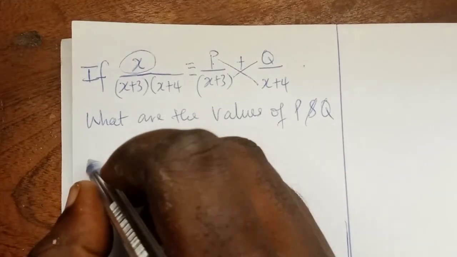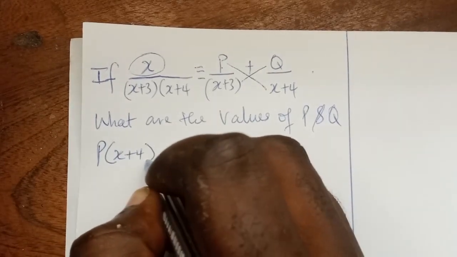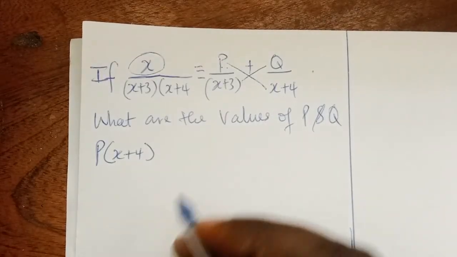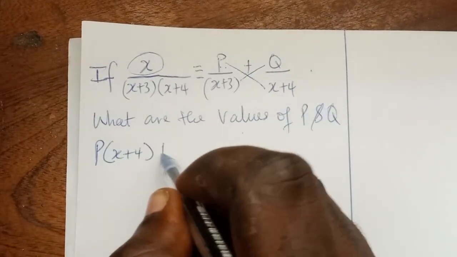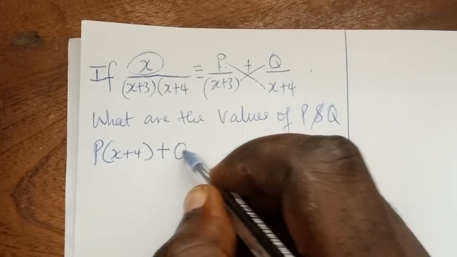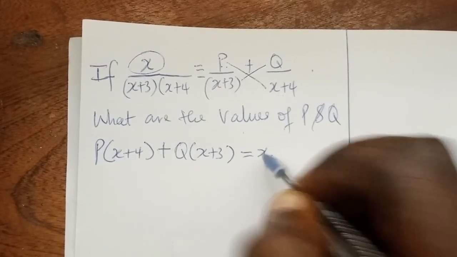So we are going to do this: P into (x plus 4), as you can see, plus Q into (x plus 3), should be equal to x.